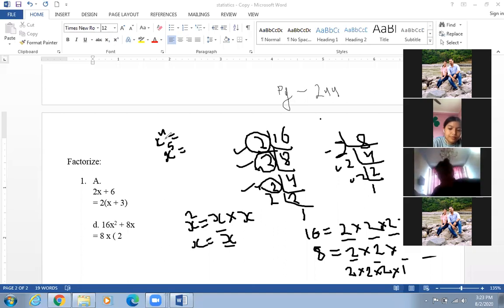But let us prove it and see whether it is right. X power 4 means how many times do we need to write x? 4 times we need to write x into x into x into x.